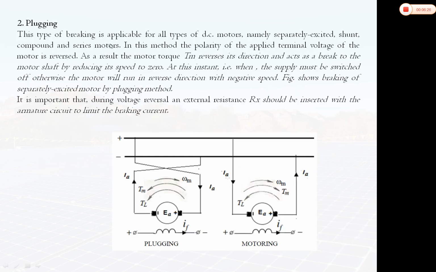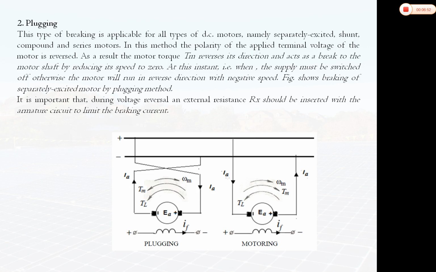Similarly, in plugging, what we do is reverse the connection of the armature. If in motoring operation the connection is like this, in plugging mode this connection will be like this. This point we have to connect here, and this point we have to connect here. By doing this, the armature voltage will become negative, so current will become negative. Why?